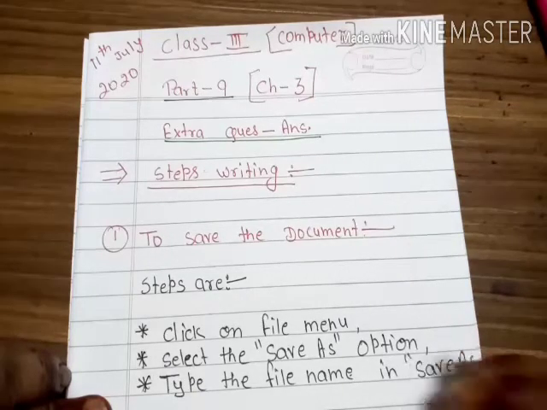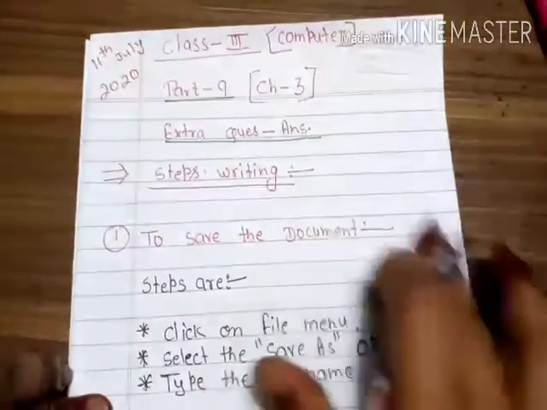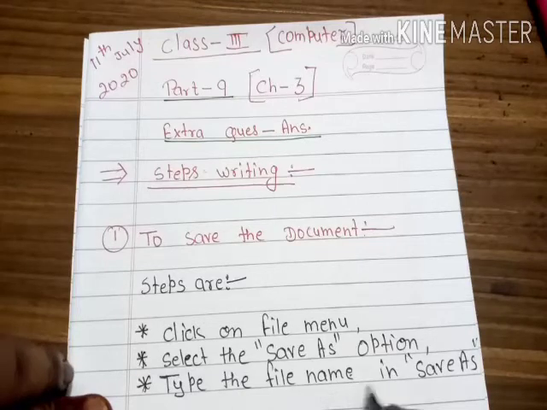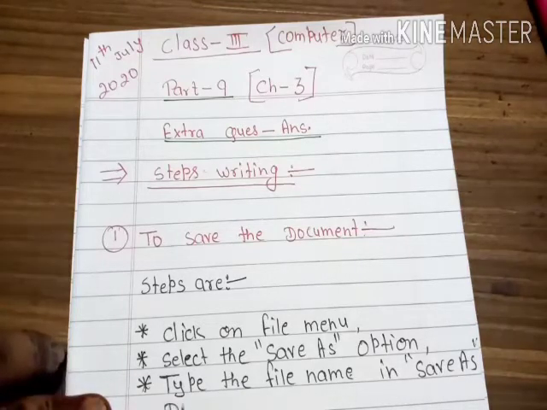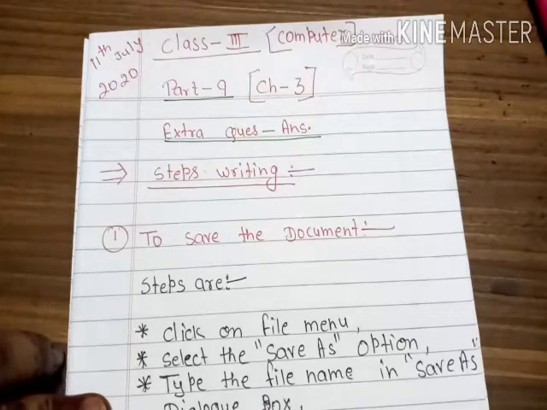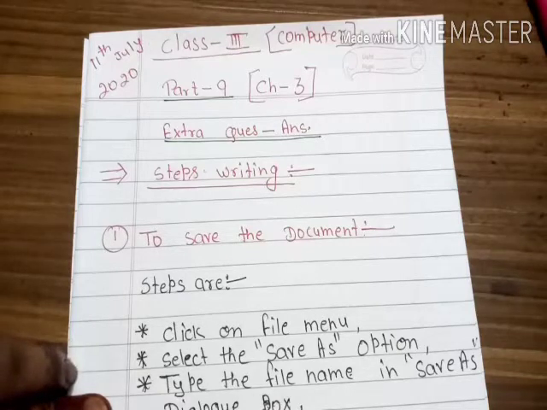When you are clicking on this save as option, one dialog box is open and there you have to type the file name. Type the file name in save as dialog box, click on save button.